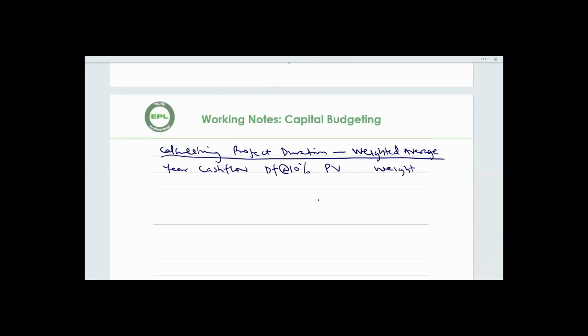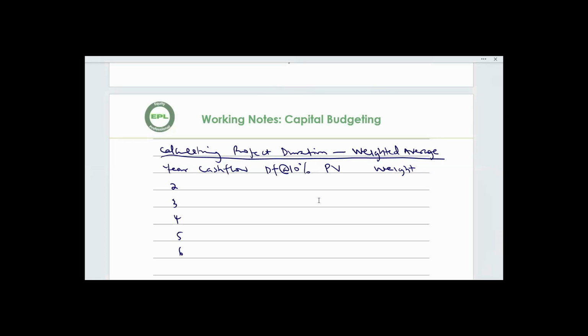Okay, so year one. In this question, in year one, we are given negative cash flows. Like I said, in that year one, we are going to ignore the negative cash flow. So therefore, we have year 2, year 3, year 4, year 5, then year 6.